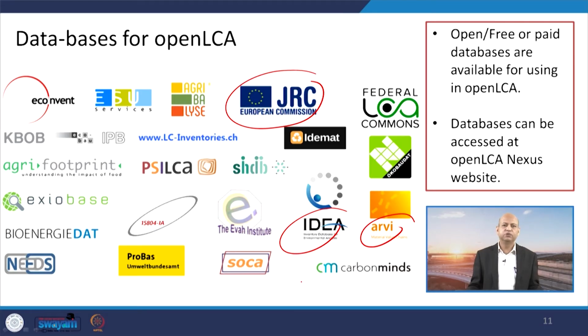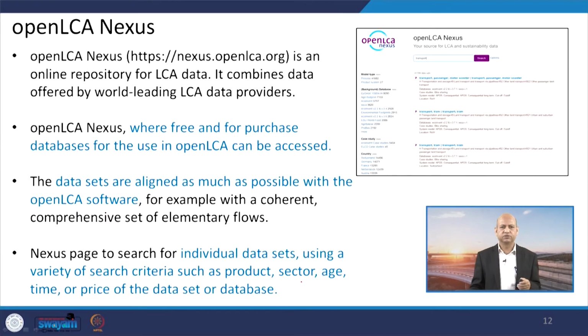So, these databases can be accessed at the openLCA Nexus website. There all these links are available, so you can just click and download the database. Well, when we talk about this openLCA Nexus website, this is the website, you can go there, and this is an online repository for LCA data, as we have just discussed, and it combines data offered by world leading LCA data providers, whose names we have seen.